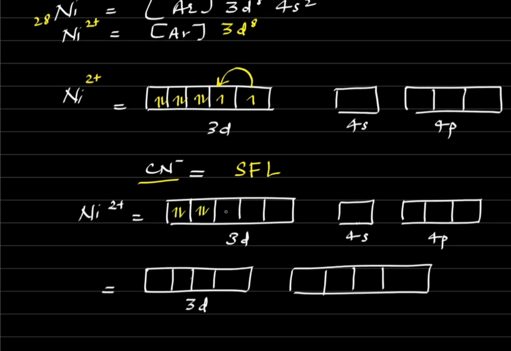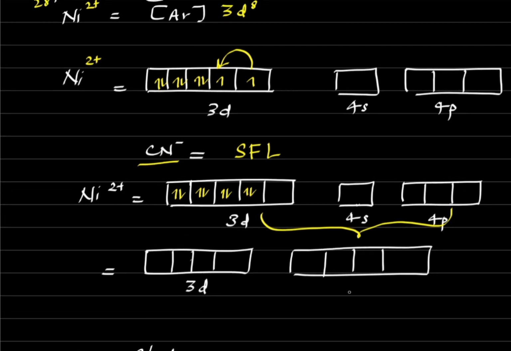So your nickel 2+ ion would have 8 electrons of its own in 3d orbitals; one 3d orbital, one 4s and two 4p orbitals would hybridize and give you 4 equivalent, sorry, it would be dsp2 orbitals, 4 equivalent dsp2 orbitals. 3d orbitals here would have electrons of nickel. 4 dsp2 hybridized orbitals would arrange themselves in space in square planar shape.